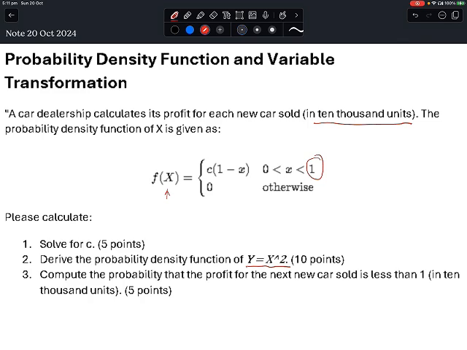A car dealership calculates the profit for each new car sold, in 10,000 units.